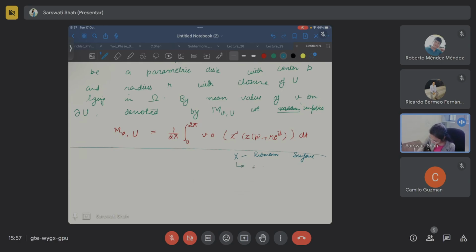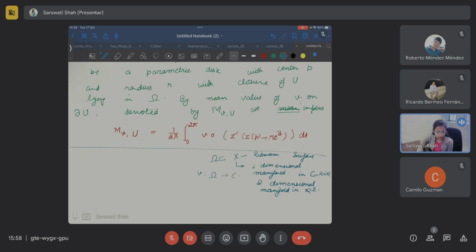So this is a one-dimensional manifold in C, or you can say that it is a two-dimensional manifold in R squared, because C can be written as R cross iota R. And then we are taking omega, a subset of capital X, which is an open and connected subset of X. And we are defining this function v from omega to C.